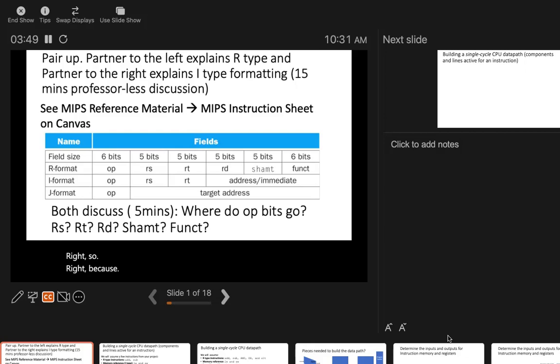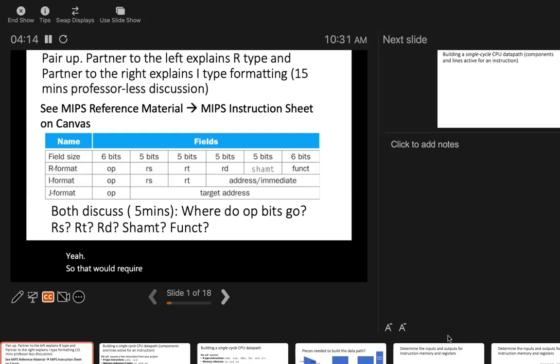Add performs A plus B, subtract performs A minus B. You're comparing two values for, let's say, branch if equal. Technically, you're performing a subtraction and seeing whether the result is 0 or not. If the result is 0, then that means it's true. So opcode would require a decoding unit.